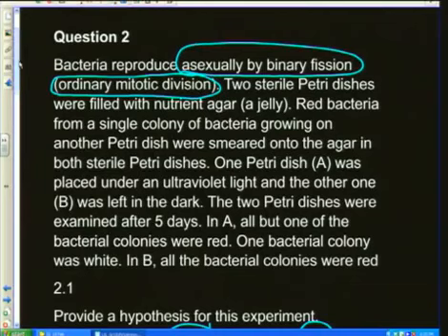Let's see why. One petri dish, A, was placed under an ultraviolet light and the other one was left in the dark. We wanted to know whether ultraviolet rays cause this. So the one that we treated with ultraviolet rays becomes the experiment, and the other was just left in the dark. That means it wasn't getting the ultraviolet rays.